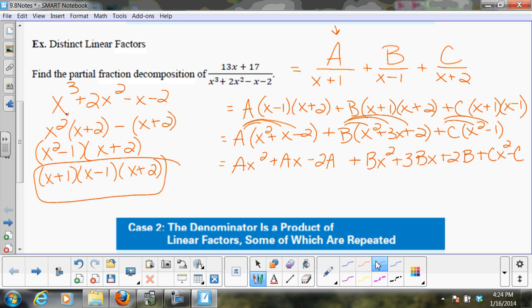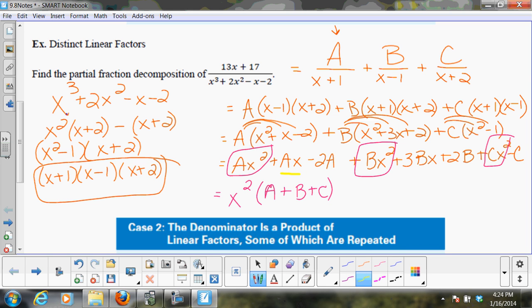Okay, now I need to reorganize. Here's an x squared, here's an x squared, here's an x squared. So my x squareds, there's an A and a B and a C. A regular x, a regular x, plus x.